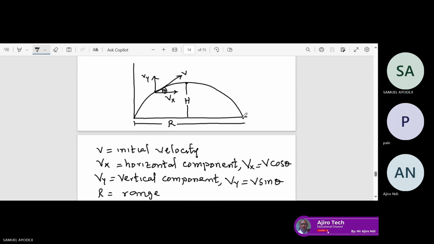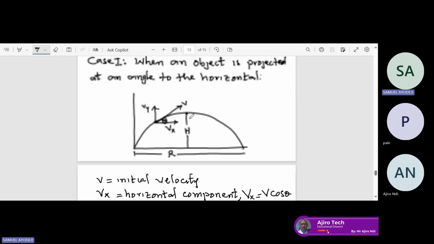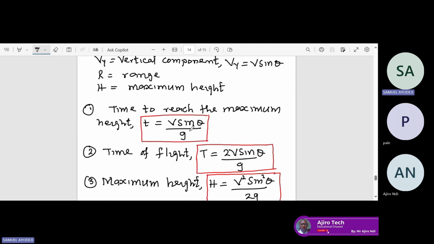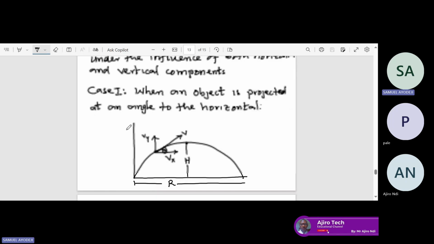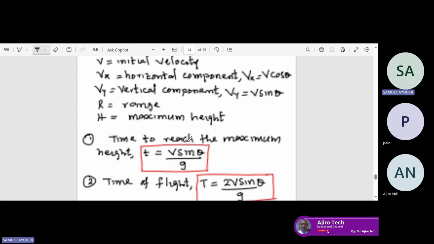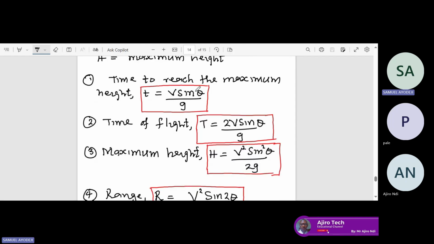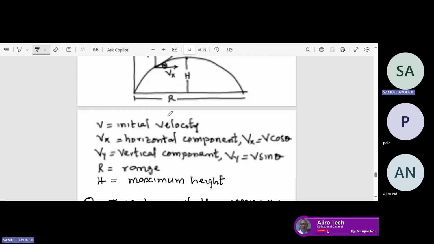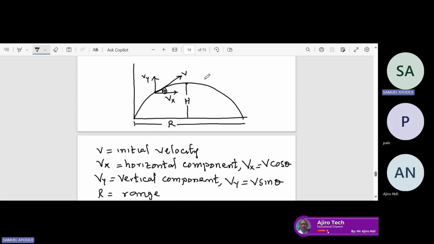That's the maximum height. So let us see the formulas. Time to reach the maximum height means the time to travel from this point to this point, and it's given as V sin theta over G. Time of flight means the time to travel from here down to this place.